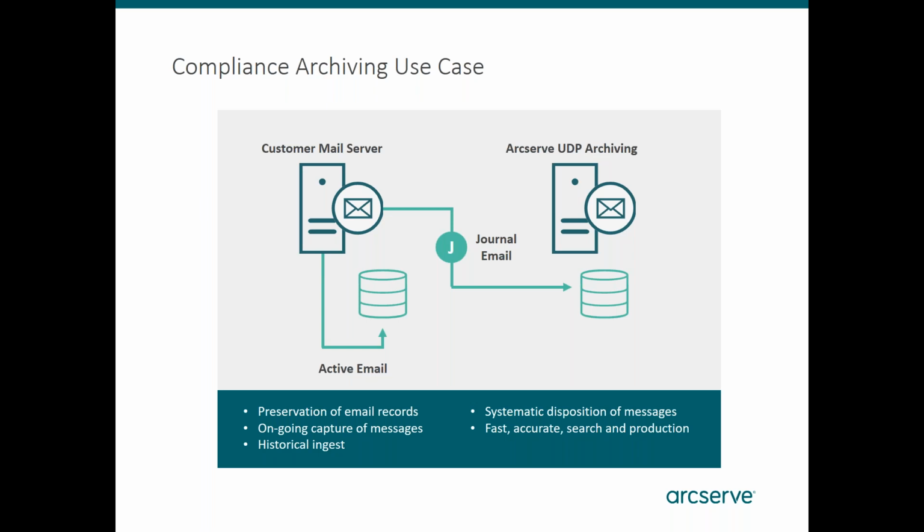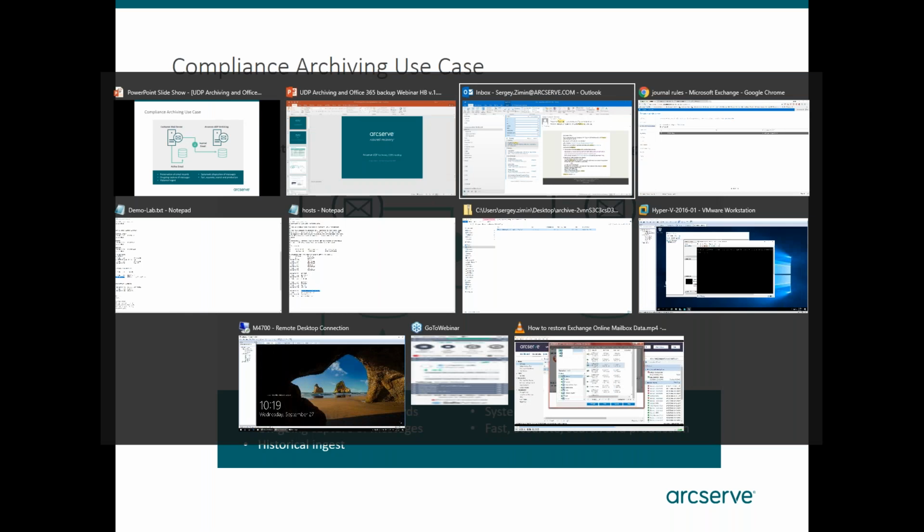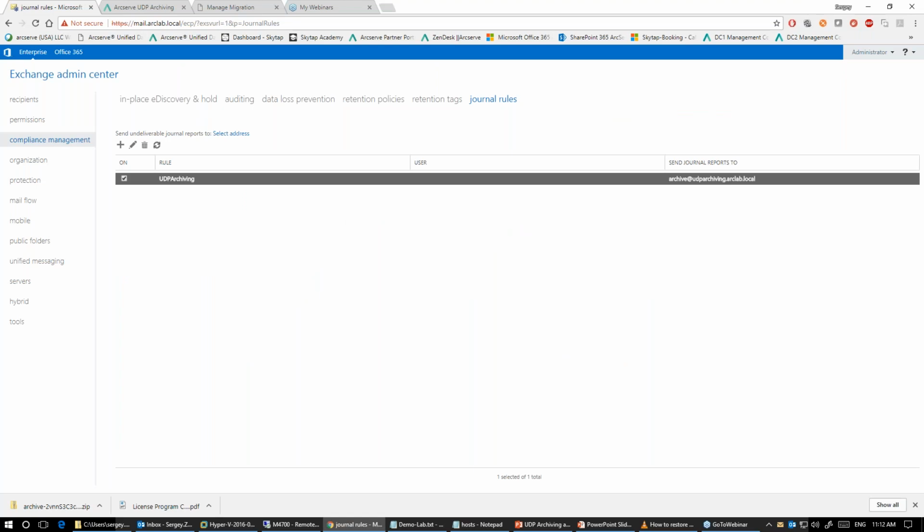On the right-hand side, we have Arcserve UDP archiving. By nature, it is a virtual appliance. And this rule is defined in the mailing system. Let me switch to the interface where I can show you. So in this particular screen, we are connected to Exchange 2016.